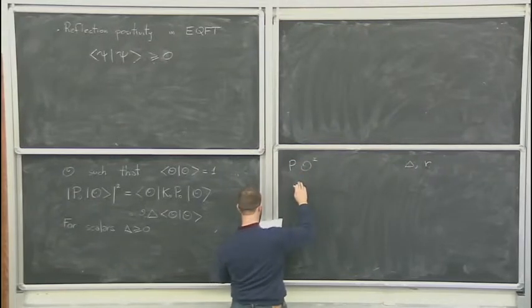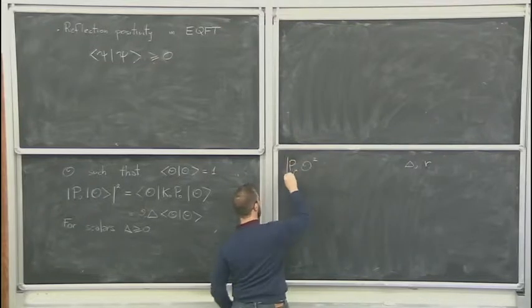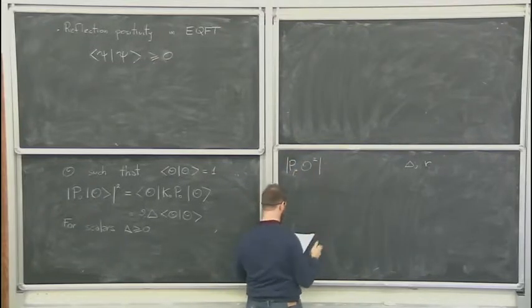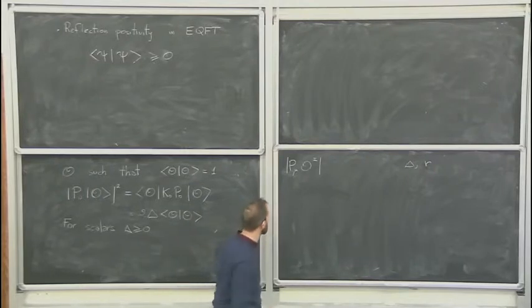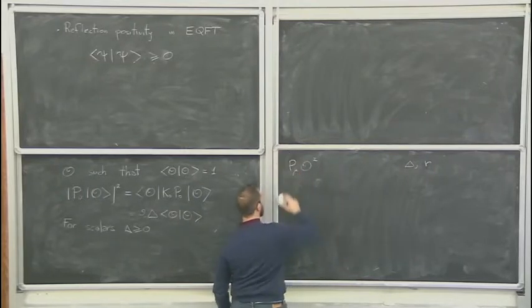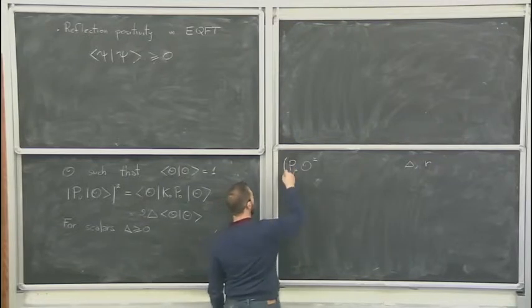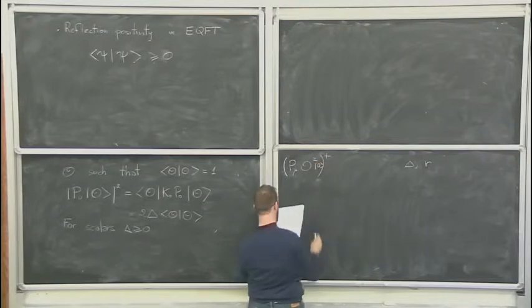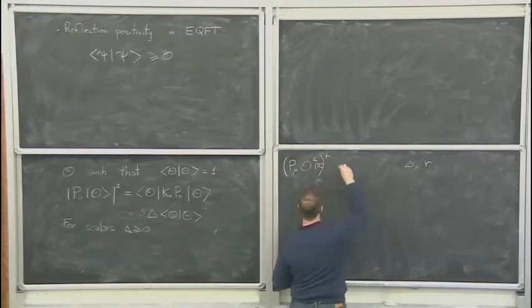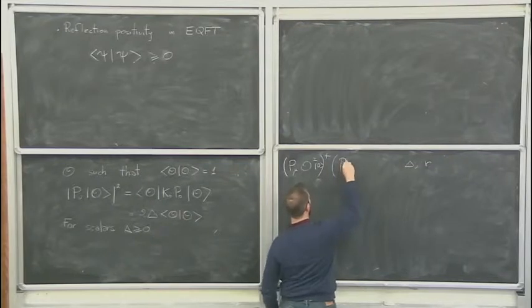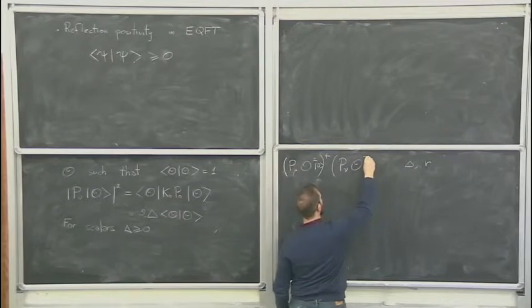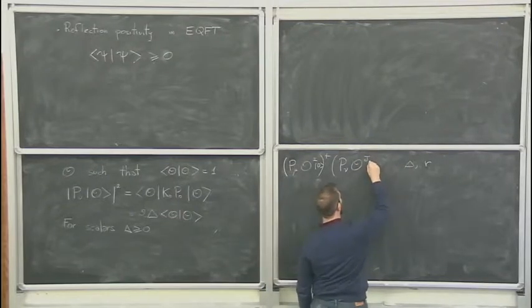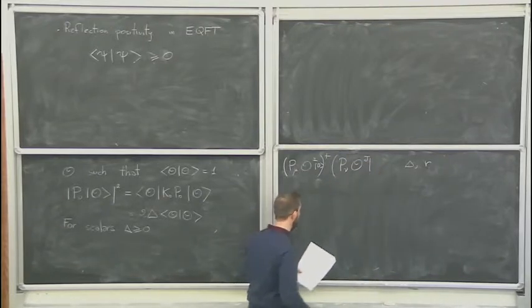In fact, I want to be a little bit more generic. I want to consider the inner product of this. P nu O j, sorry, I forgot x here.